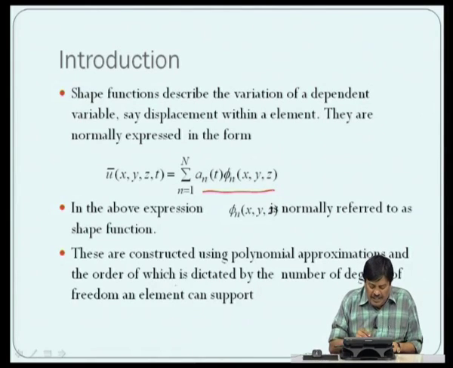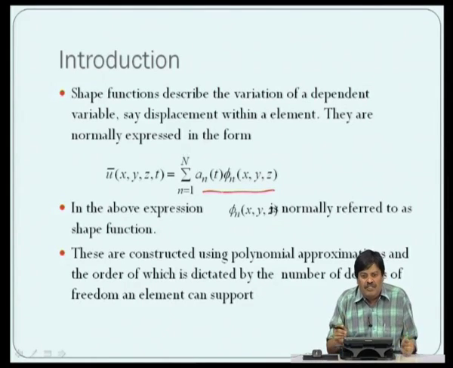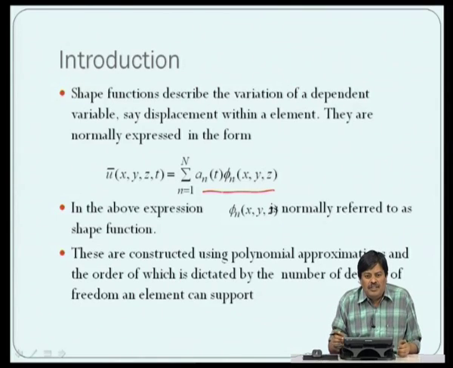These phi n are the ones which satisfy the governing boundary conditions, or they are normally used by approximating this whole thing into a polynomial, which is dictated by the order of degrees of freedom.